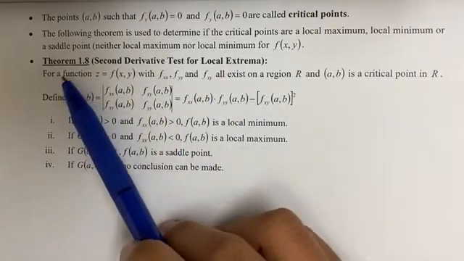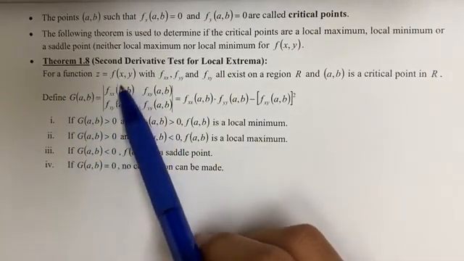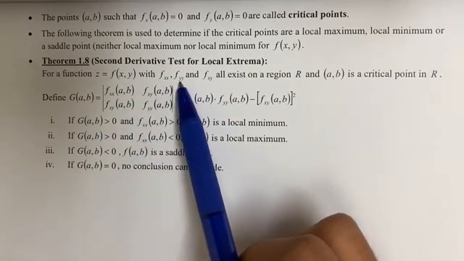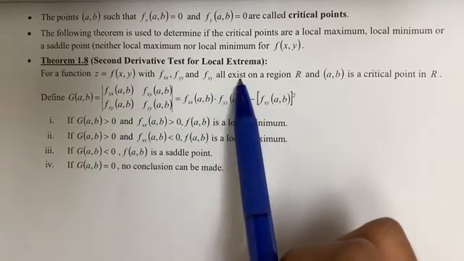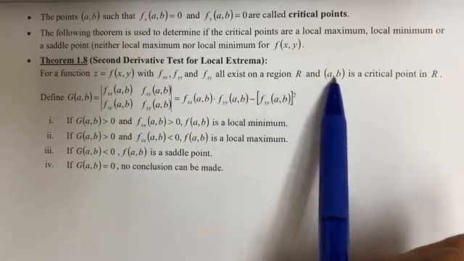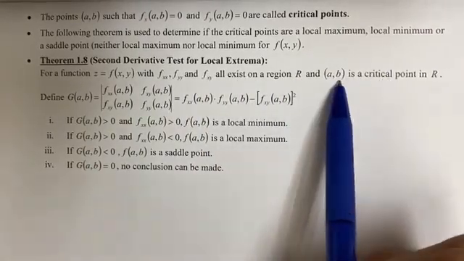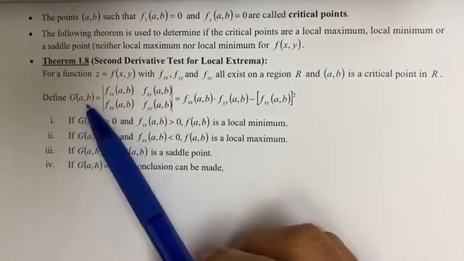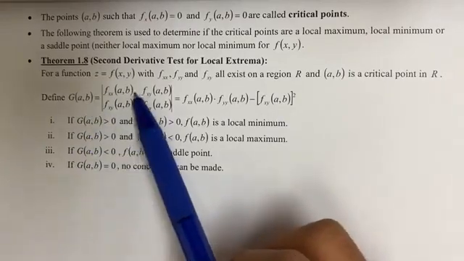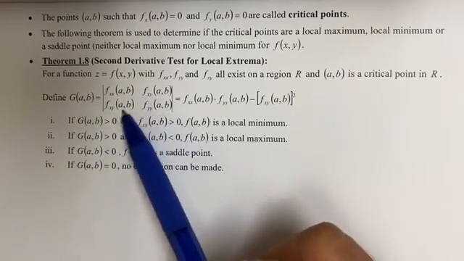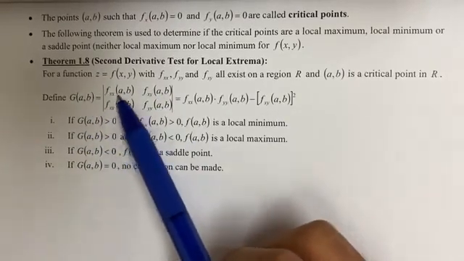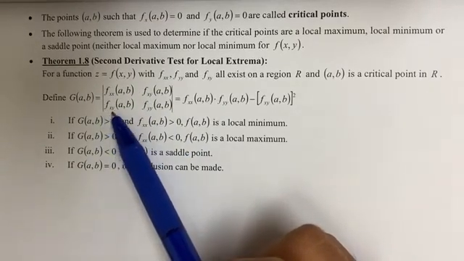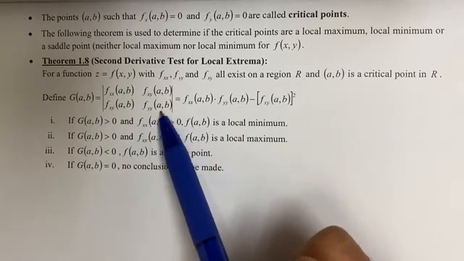So for theorem 1.8, for a function z = f(x,y) with fxx, fyy and fxy all existing on a region R, and (a, b) is a critical point in R. Define G(a,b). G(a,b) means you need to find the determinant of this matrix: fxx, fxy, and then again fxy, fyy, at point (a, b).